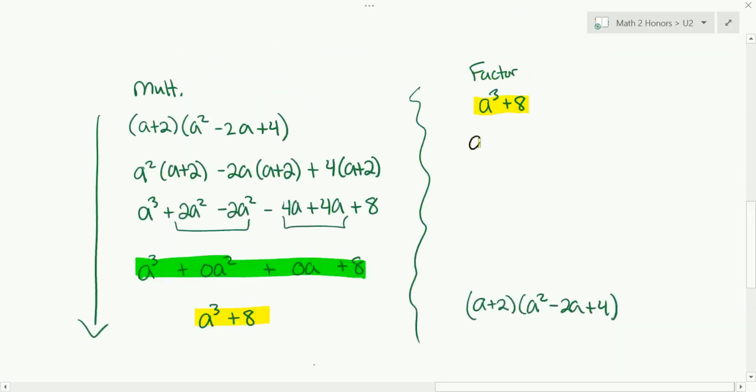Why we'd want to write a to the third plus 0a squared plus 0a plus 8. Does it make sense? Kind of like we're filling in what's in between. There's an a. It's like a place value. We got your a cubed. There was no a squared, so I'm just putting 0a squared.